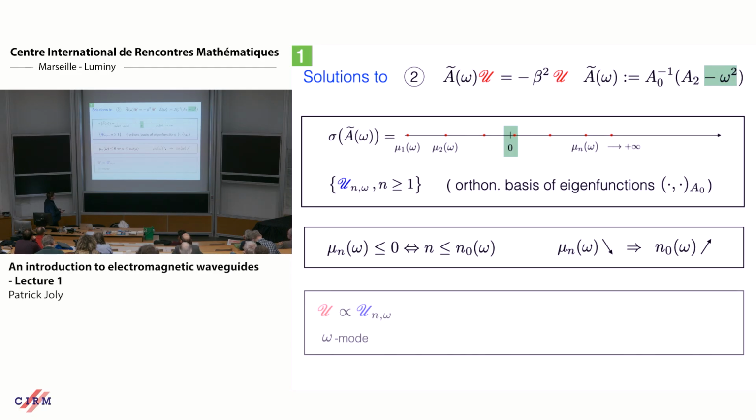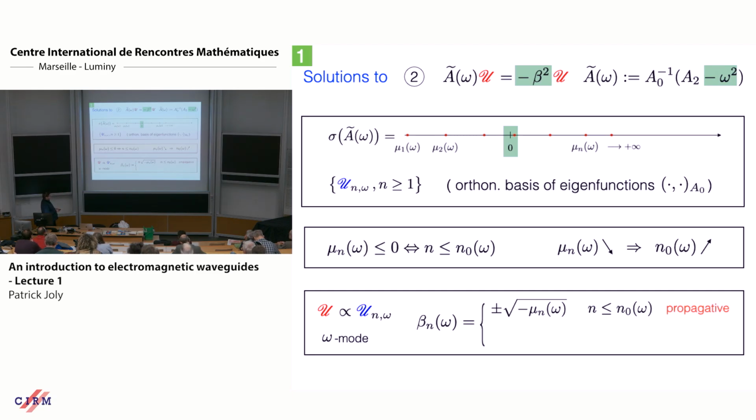Okay. And the solution to the second problem is to take one of the eigenfunctions u n omega, and this type beta n omega. Because minus beta square is the eigenvalue, beta n will be real or imaginary depending on the sign of the eigenvalue. So for the negative eigenvalues, this will be real, and because this will be real, we have propagative modes as before.